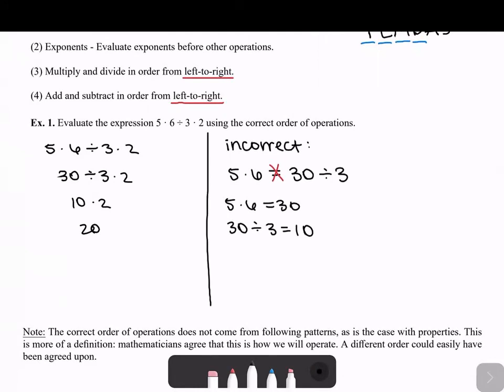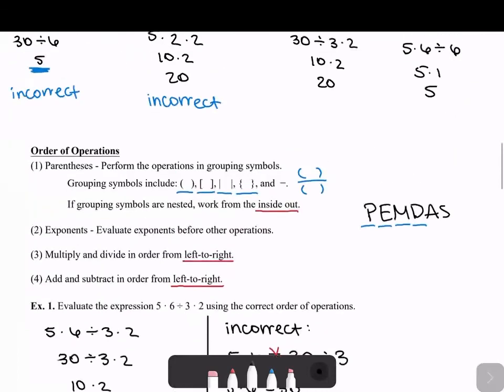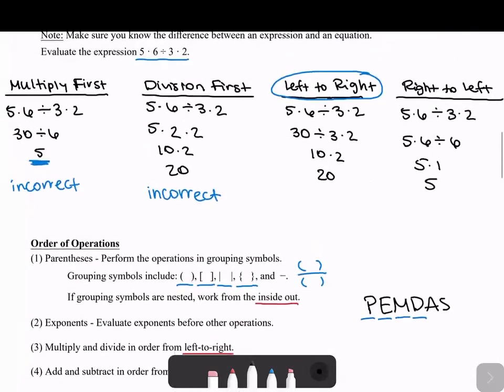Okay, one last thing to note, right? This correct order of operations isn't natural in a way. It wasn't one that stood out to everybody, right? Just like I said, this left to right is really a kind of cultural thing, right?